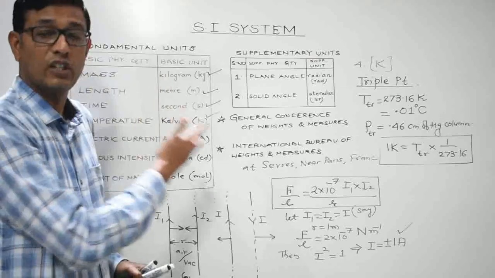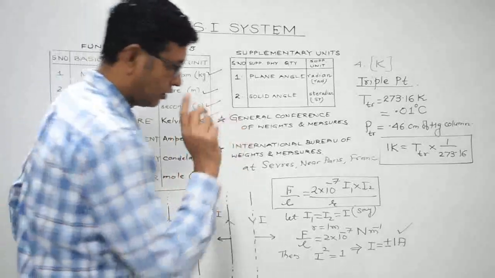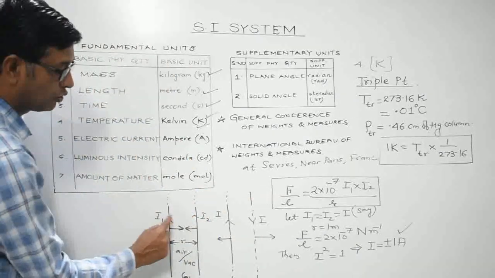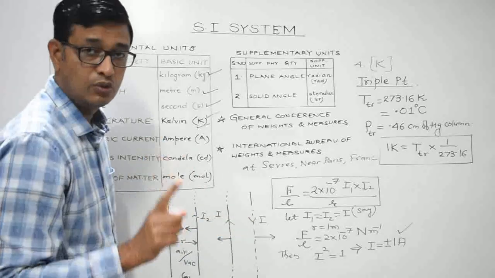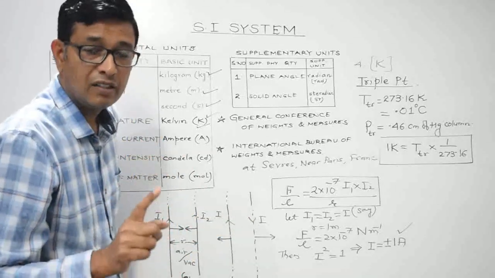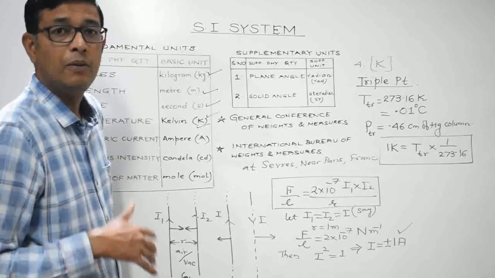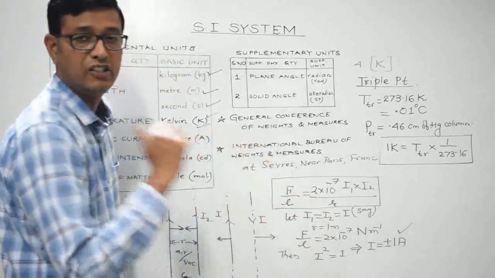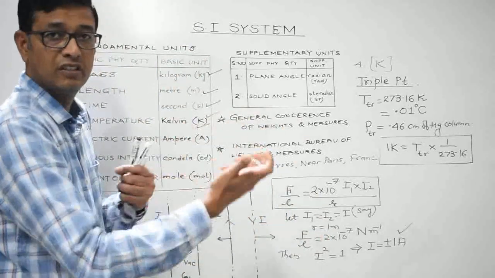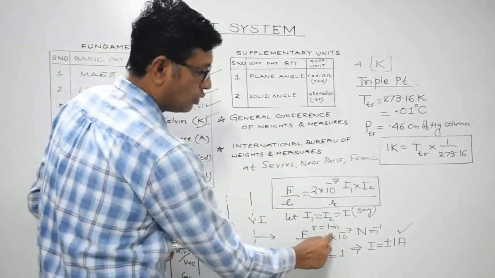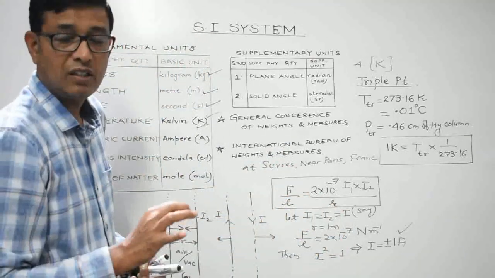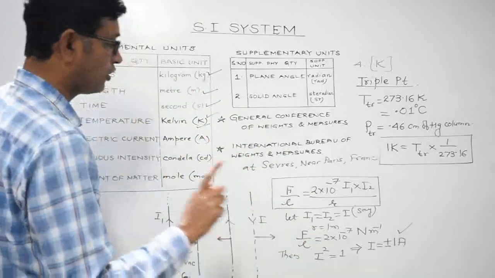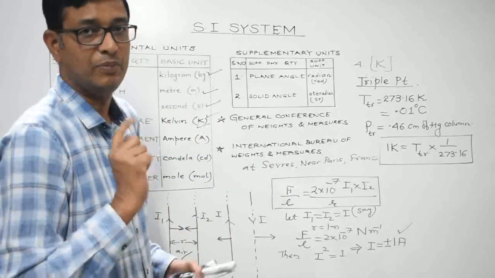So students, let's define 1 ampere. 1 ampere is that current which, when flowing through each of the two straight parallel infinitely long conductors placed in air or vacuum at a distance of 1 meter from each other, exerts upon each other a force of 2 into 10 raised to minus 7 Newton per meter of their lengths. So that's the definition of 1 ampere.